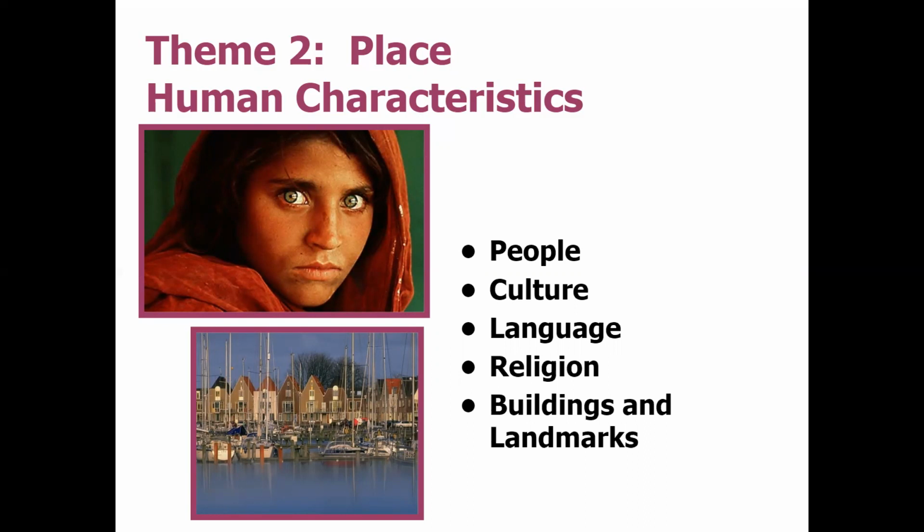Religion, is that the same across the board? No, right? Many different religions based on where you are in the world. So those are the human characteristics you can look at with a place. Make sure you have this in your notes. These examples are human characteristics.